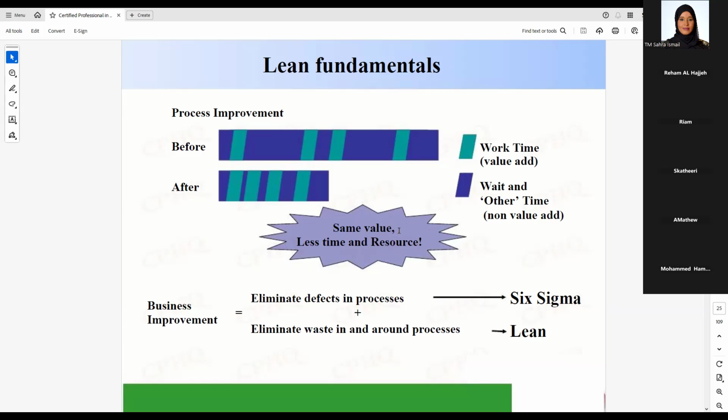So this is becoming more efficient when you reduce the waste. Okay. Six Sigma focuses on eliminating defects in the process. Any defect, any issue to improve your processes, if you eliminate defect, it is Six Sigma, or eliminate the variation is Six Sigma. Eliminating waste is lean.